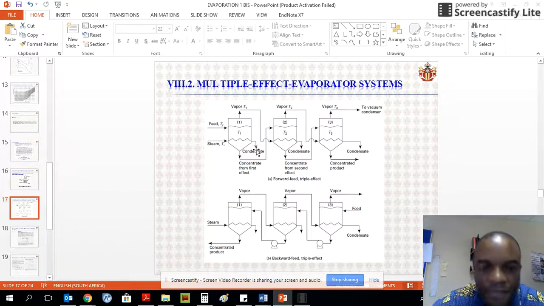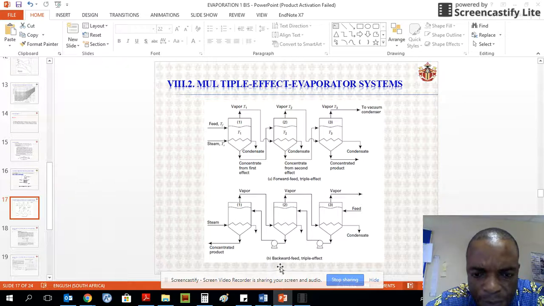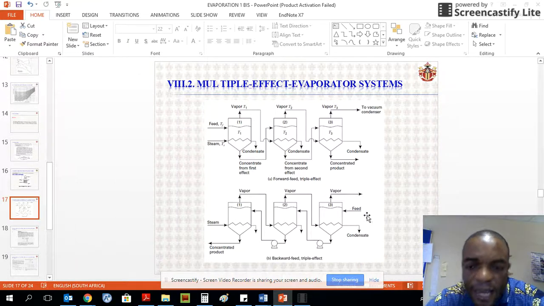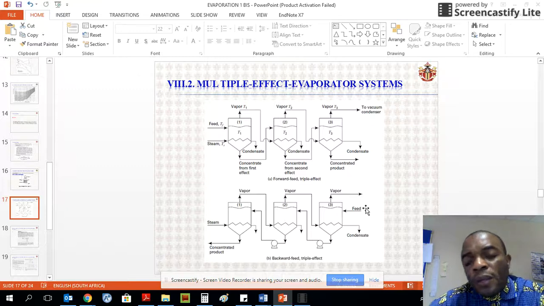It's also interesting to note that in the forward feed, the feed and the steam are both supplied to the first effect, and they proceed in the same direction. Whereas in the backward feed, the steam is supplied to the first effect, and the feed is supplied to the last effect.